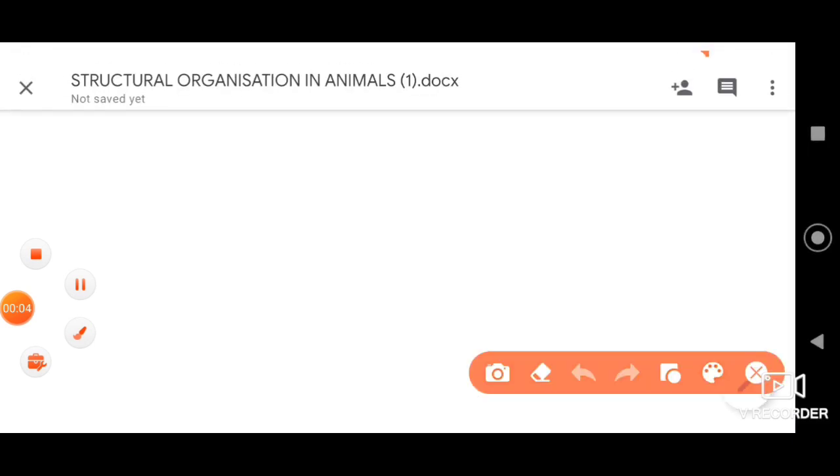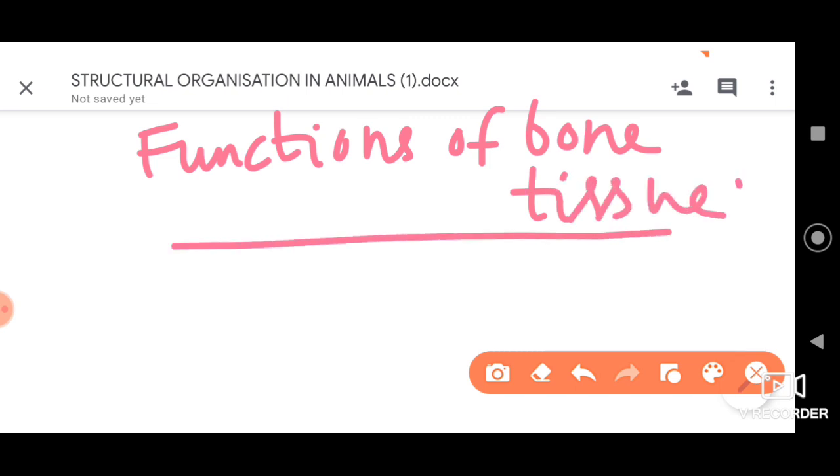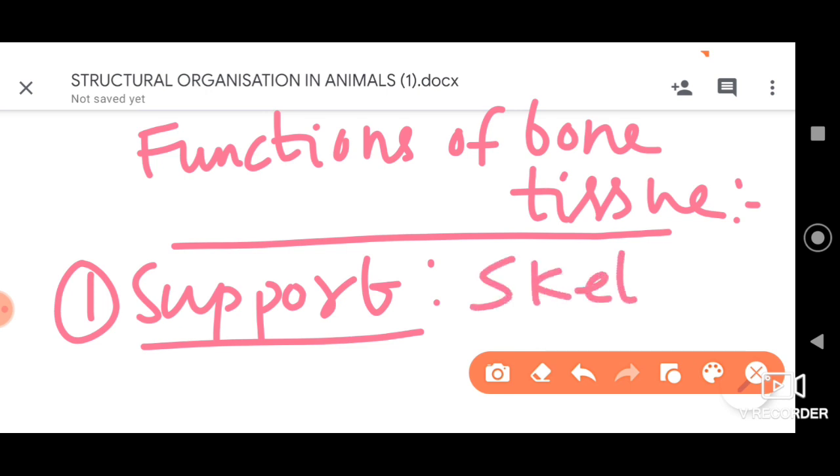Dear students, next let us understand the functions of bone tissue. The first function we have is that of support. In what way does it provide support? As I already told you, our skeleton itself is composed of bone tissue.